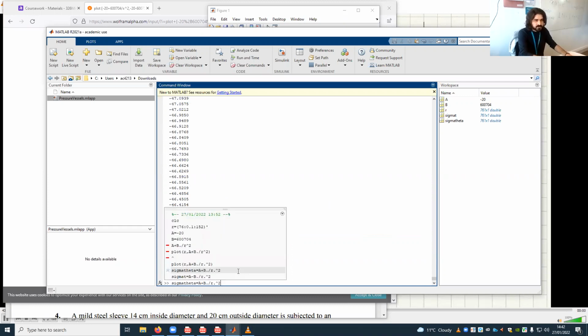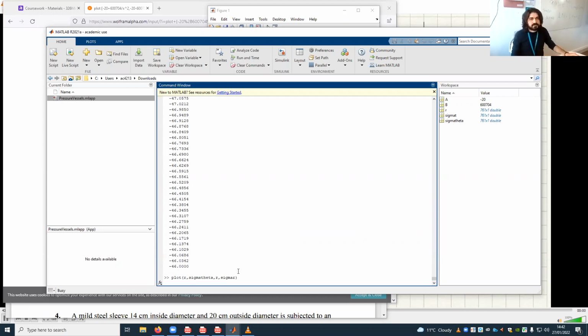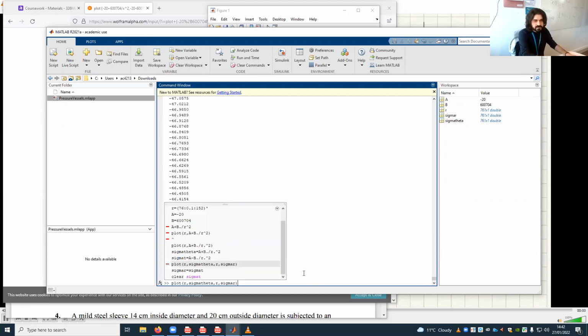So I can plot now sigma R and sigma theta. Did I call it sigma T? I called it sigma T instead of sigma R. Oh, sigma R equals sigma T, clear sigma T. There you go. And now let's do this again.